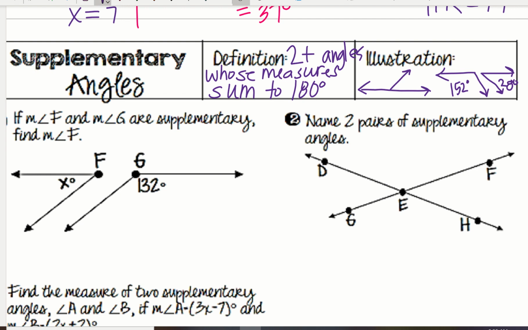Okay, so number 1, if those two are supplementary to each other, how do I find the measure of angle F? Just subtract it from 180. 180 minus 132 equals, so x is 48 degrees. Done.